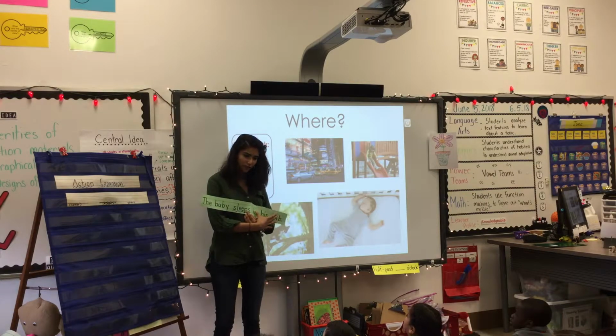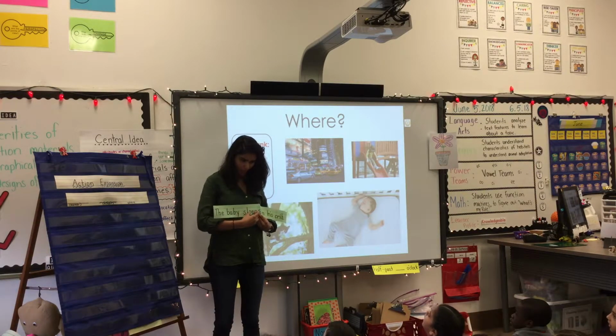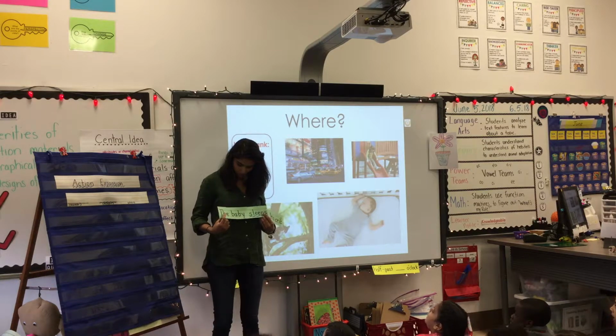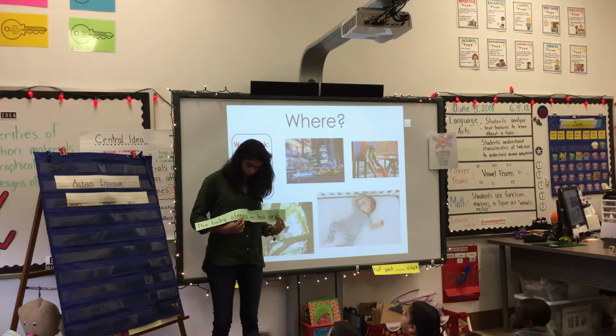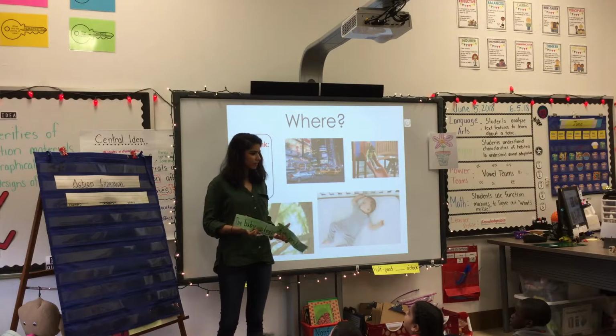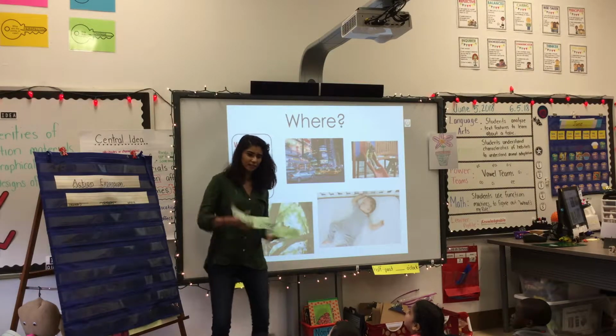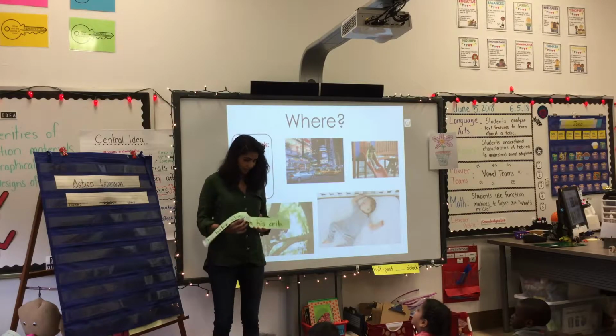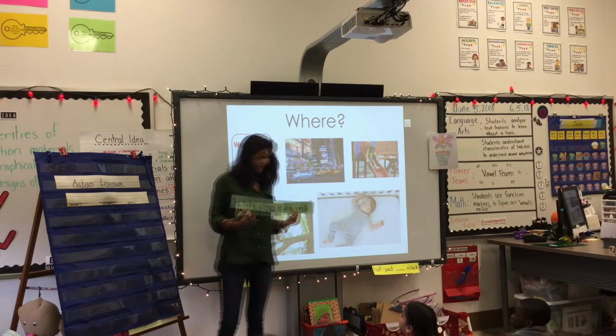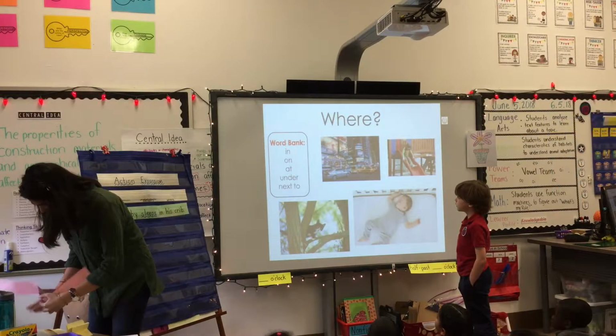The baby in his crib sleeps. Does that sound as smooth as the baby sleeps in his crib? Not as smooth, right?